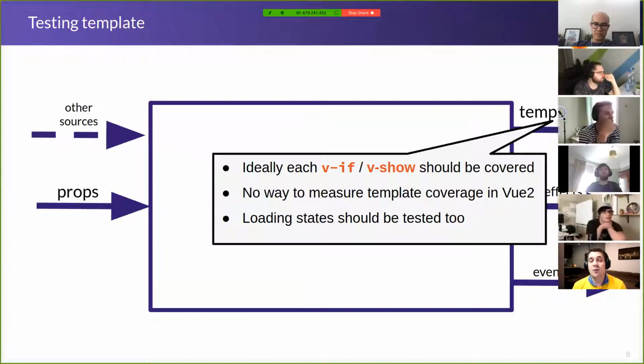But while we are stuck with Vue 2, just keep an eye on each v-if and v-show, and check manually with your eyes, unfortunately, that both sides of the if are covered by the tests. Things are pretty simple here.